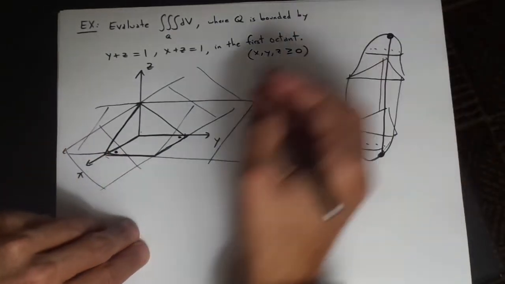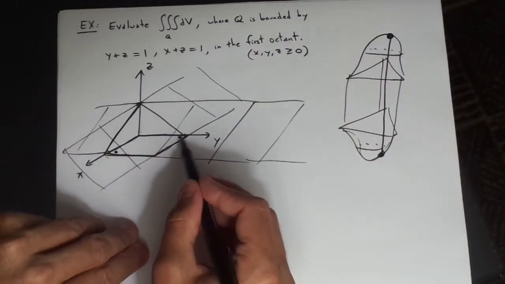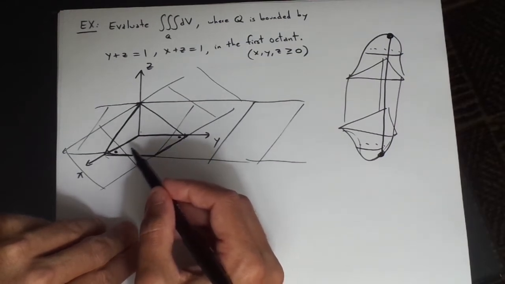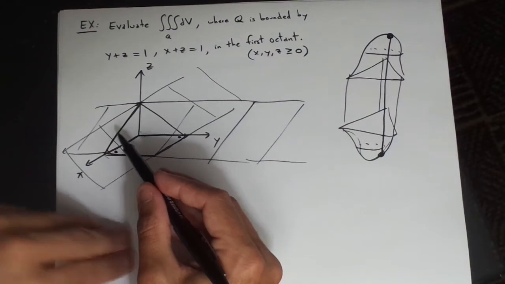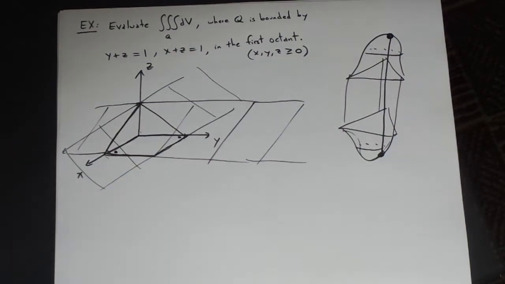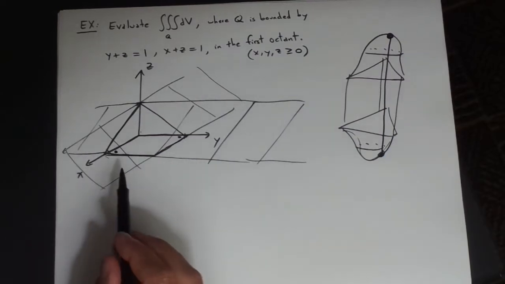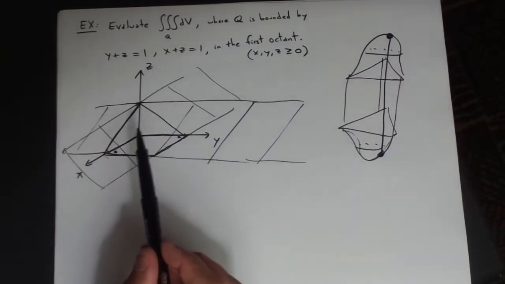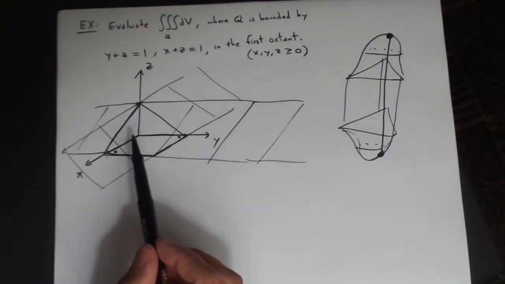But in this case, if I use this square as my region, I'm going to get into trouble because the first surface that I see above me, if I'm standing in that square, changes depending on where I am in that square.